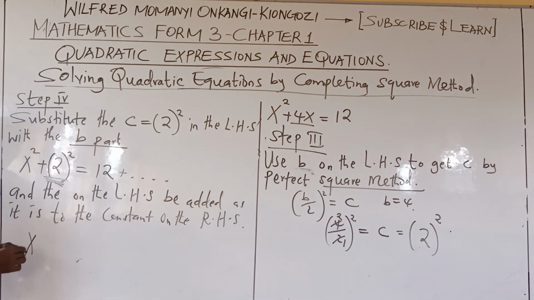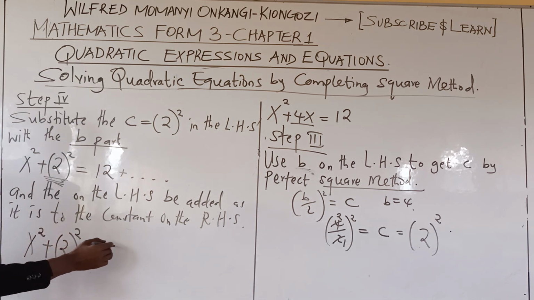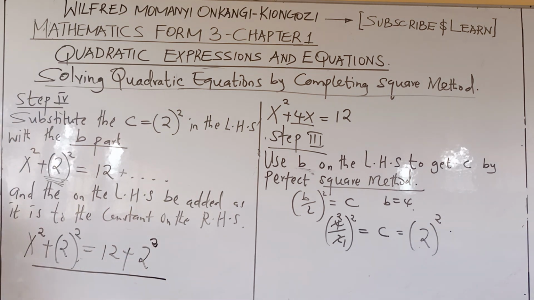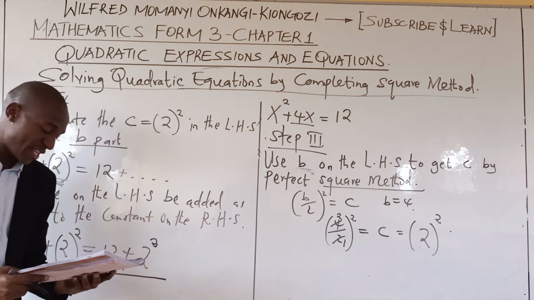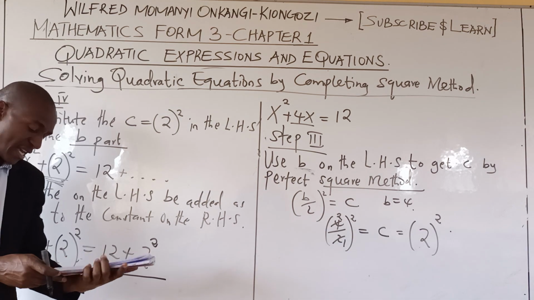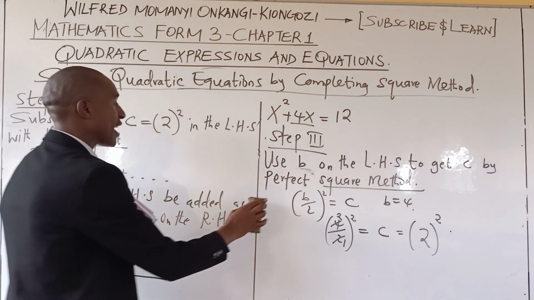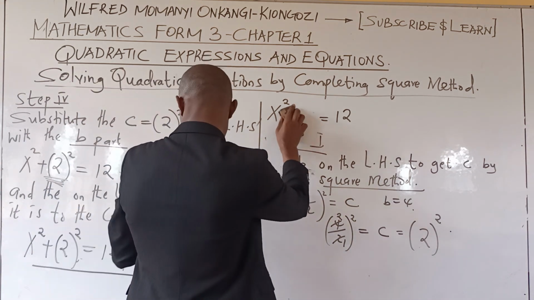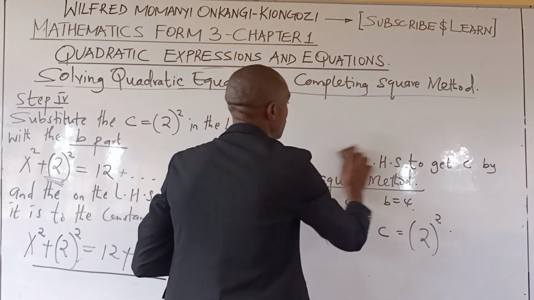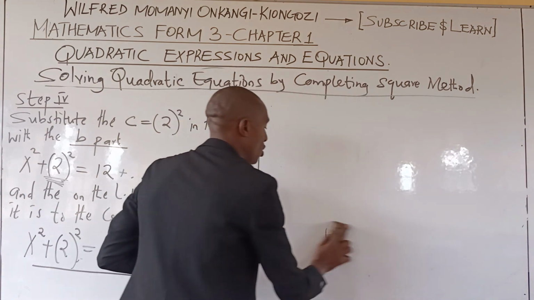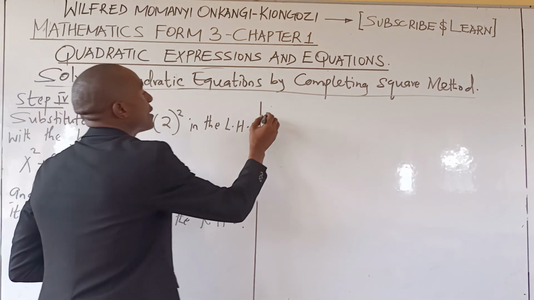So we shall have x squared plus 2 squared is equal to 12 plus 2 squared. So we have introduced a new C and we have done it on the left-hand side and also the right-hand side. We can factorize the square on the left-hand side. Maybe the last step now. Step 5.